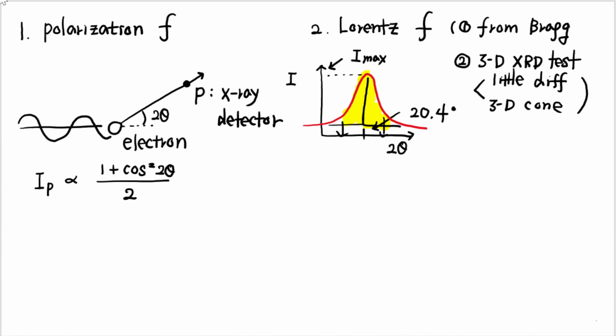And then I want to give you a very, very important nomenclature: FWHM. It's very important. This one is full width at half maximum. At which point?